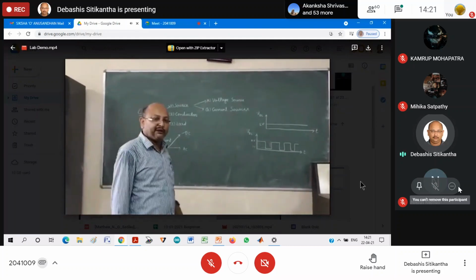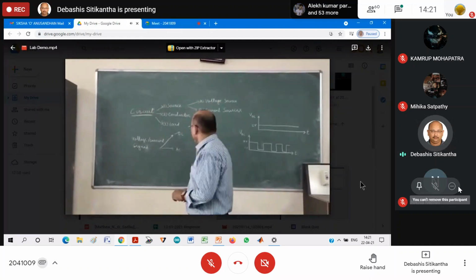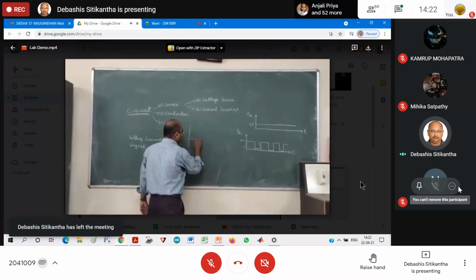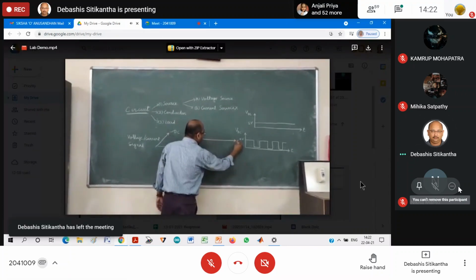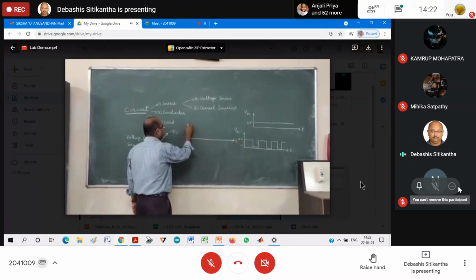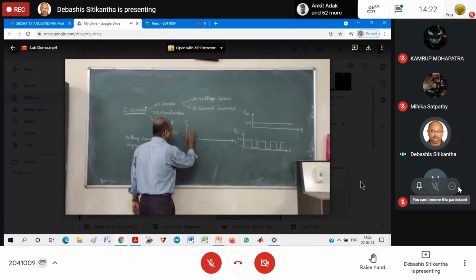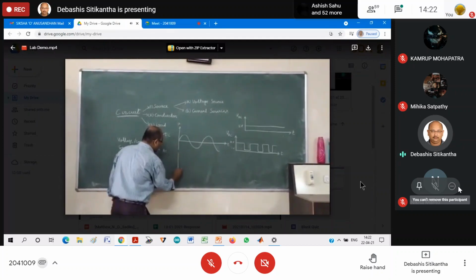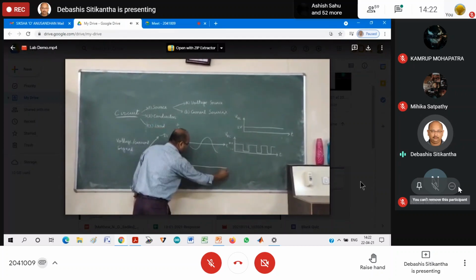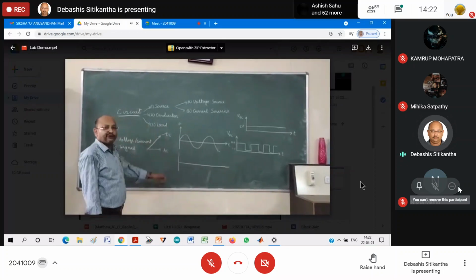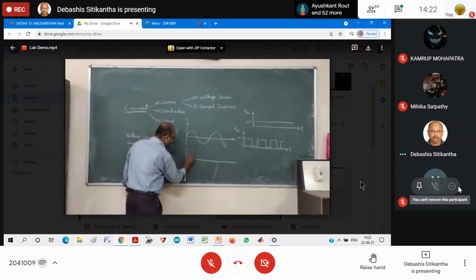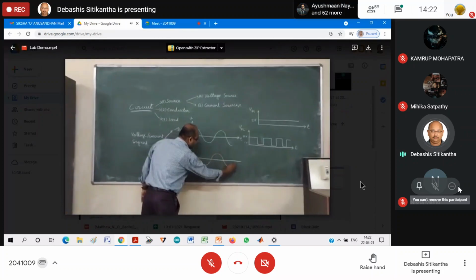During your plus 2 or 12th class, you have studied that all alternating voltage or current waveforms are given by this type of waveform, sinusoidal or sine wave, or it may be given as a cosine wave, because a sine wave is also a cosine wave. Sinusoidal and cosinusoidal. So this is an AC signal.